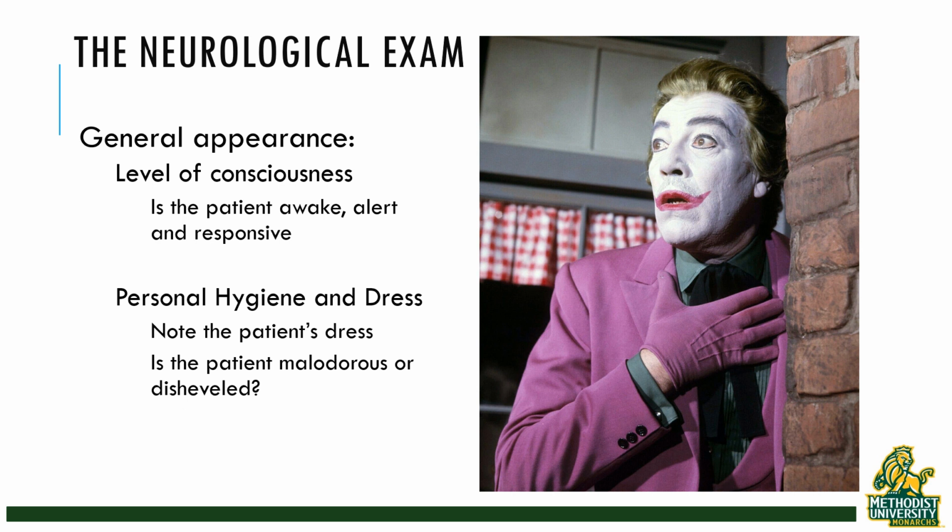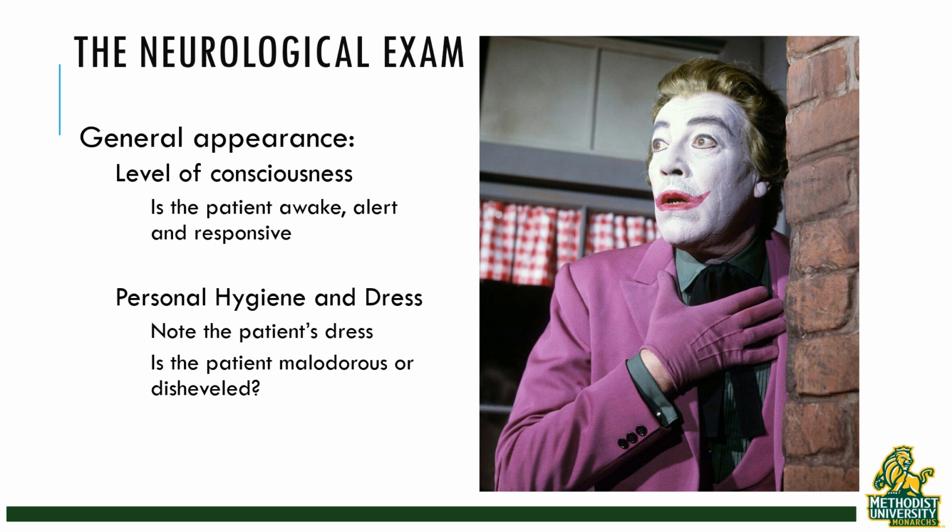The neurological exam starts with just our observations, looking at things like whether the patient is awake and alert, if they're responding to us, their general appearance in terms of things like hygiene and dress. Somebody who looks very rumpled and poorly groomed compared to somebody who is well put together.